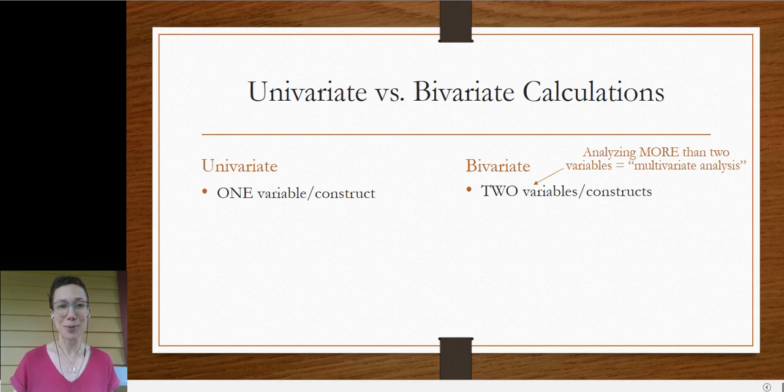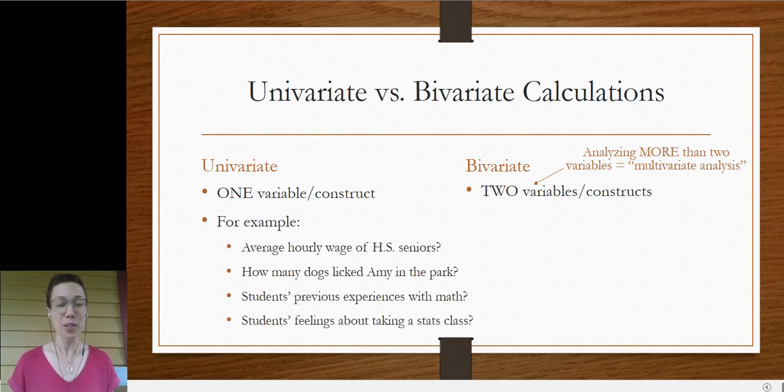If you continue in this route, if you ever decide to pursue a PhD, for example, you'll learn a lot more about how to include more than just two variables. So univariate analysis, some of these we've looked at in examples already. The average hourly wage of high school seniors would be one variable that we're looking at. How many dogs licked me in the park when I went to the dog park?